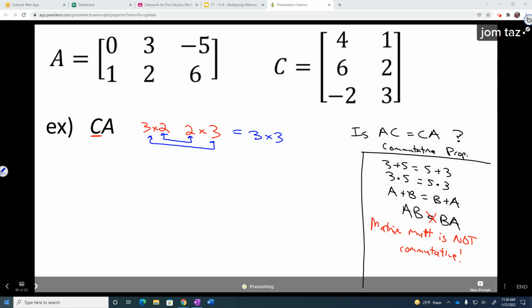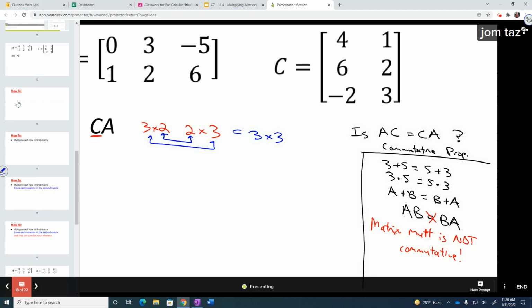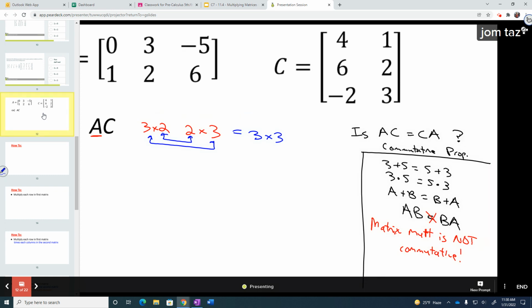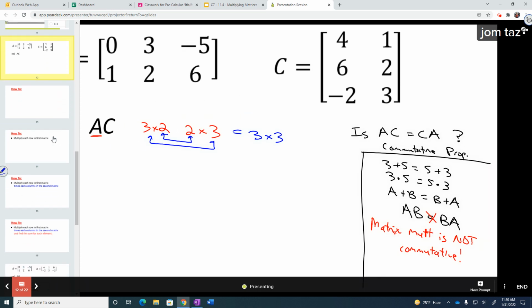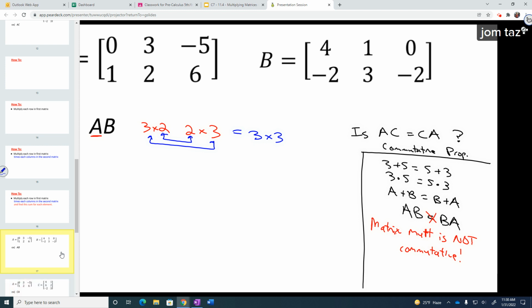So already at this point, if you look back at the example A times C, if we flip back to here, what were the dimensions of the matrix we just did? Yeah, it was a 2 by 2, right? This one's a 3 by 3 when we switch the orders. So it definitely can't be equal because they're not even the same dimensions.